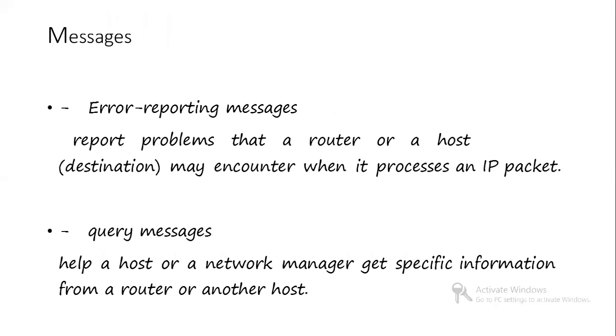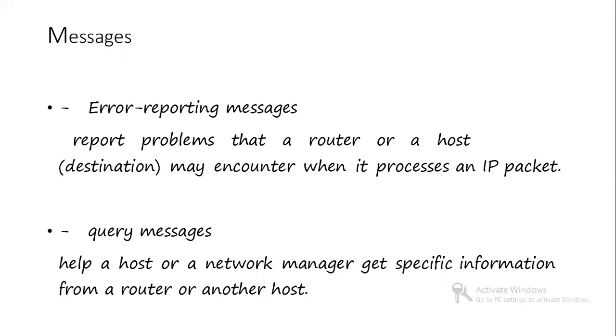Next is messages. ICMP messages are divided into two broad categories: error reporting messages and query messages. Error reporting messages report problems that a router or a host, that is the destination, may encounter when it processes an IP packet. The query messages, which occur in pairs, help a host or a network manager get specific information from a router or another host.